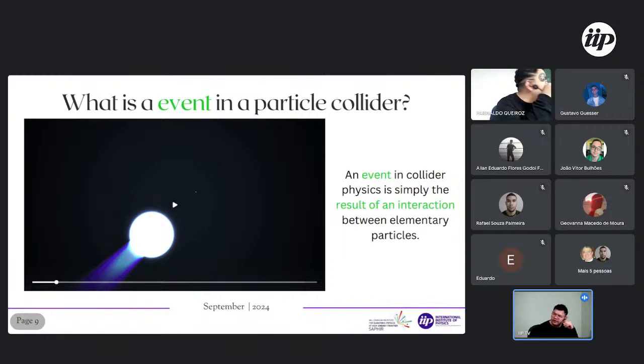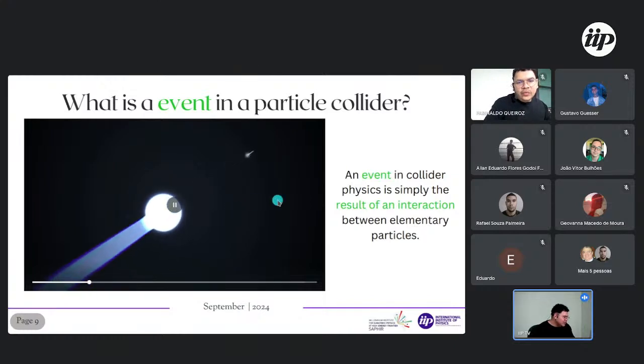An event is the result of a specific interaction. For example, in this video, imagine that we are inside the Atlas detector, and that two beams of protons collide. Before the collision, we only have two particles, protons.